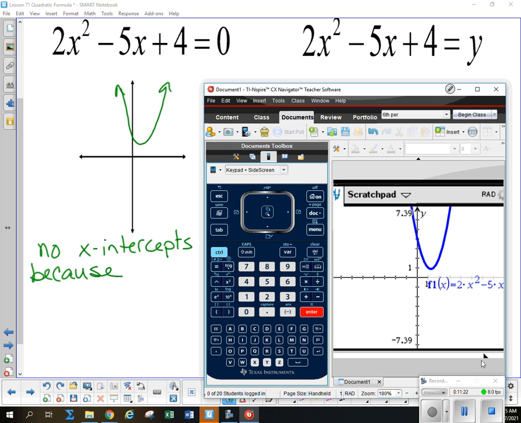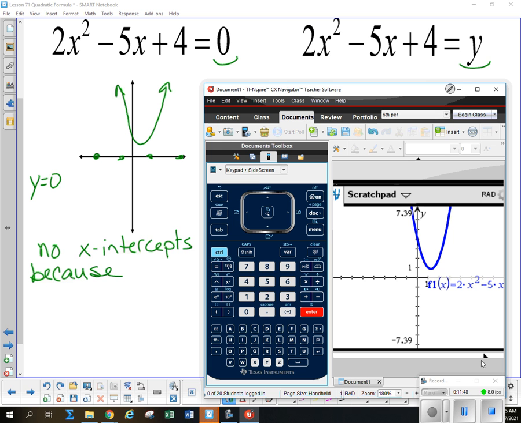Now I said zeros, roots are the same thing. We changed y to 0. So on this graph, if y equals 0, I'm talking about points along the x-axis, right? There are no real numbers that work for y to be 0 in this equation.